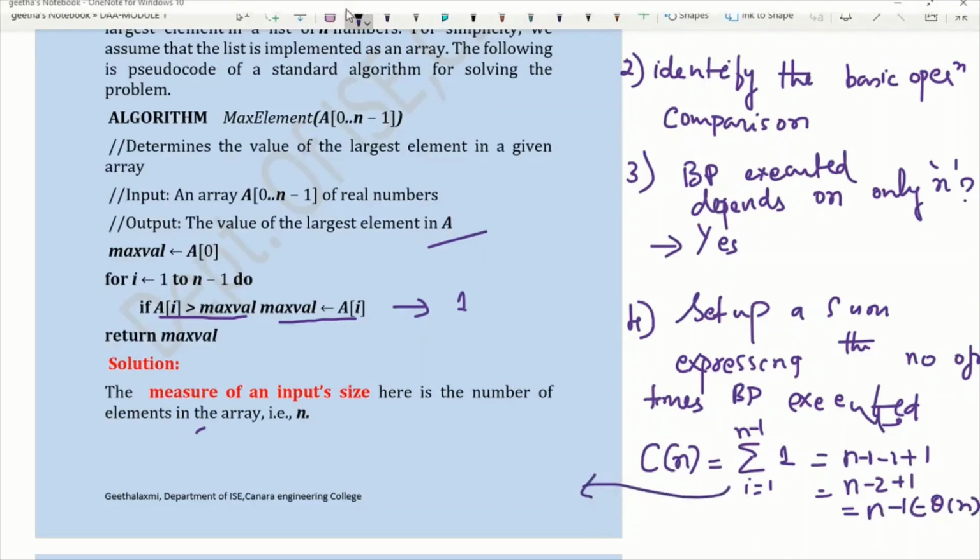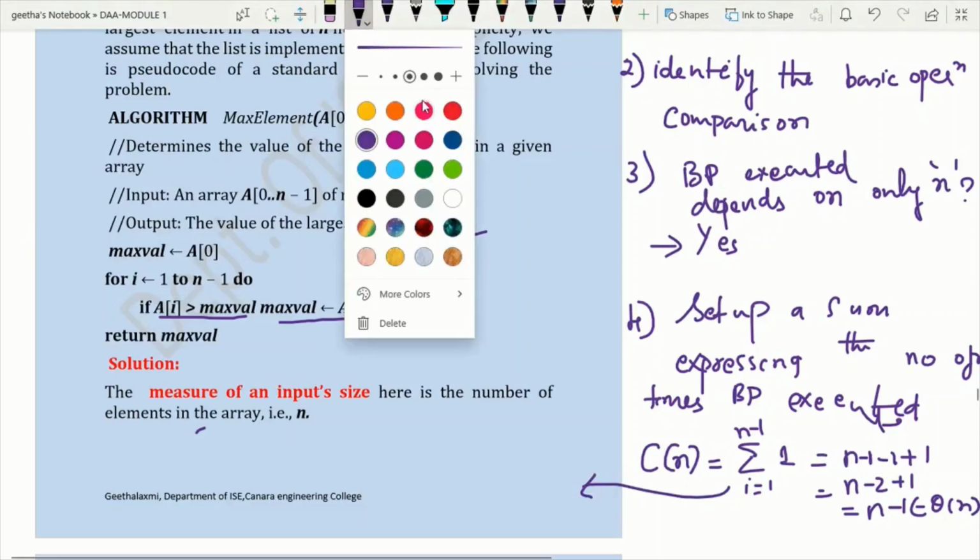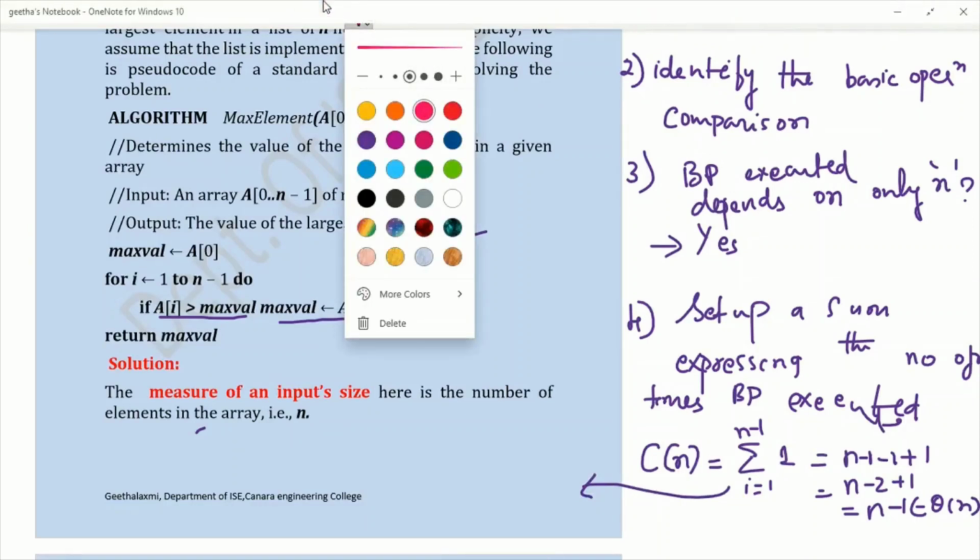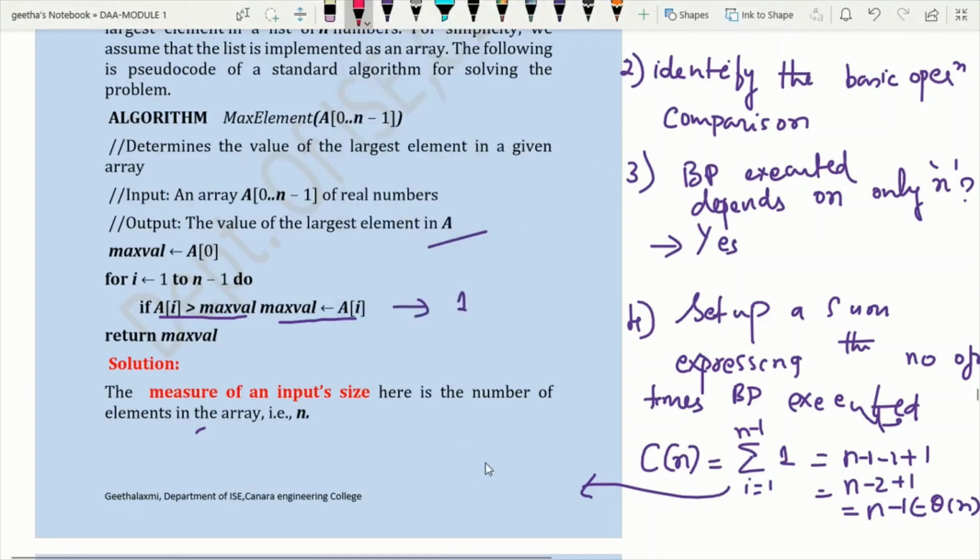The summation of i equal to L, lower bound, to U, upper bound, of 1 is U minus L plus 1.